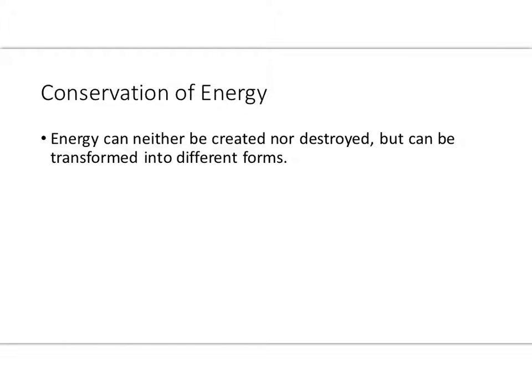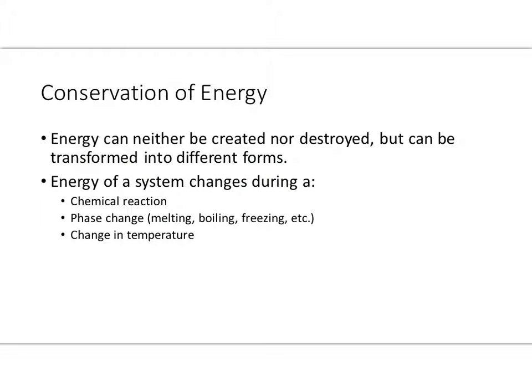All right, now here's one of the real fundamental ideas in science. It's conservation of energy, right? So we know this: you can't create or destroy energy. However, we can transform it into different forms. Okay? That's kind of important. So that means this, when we have a system, energy changes anytime one of three things happens. One is when we have a chemical reaction.